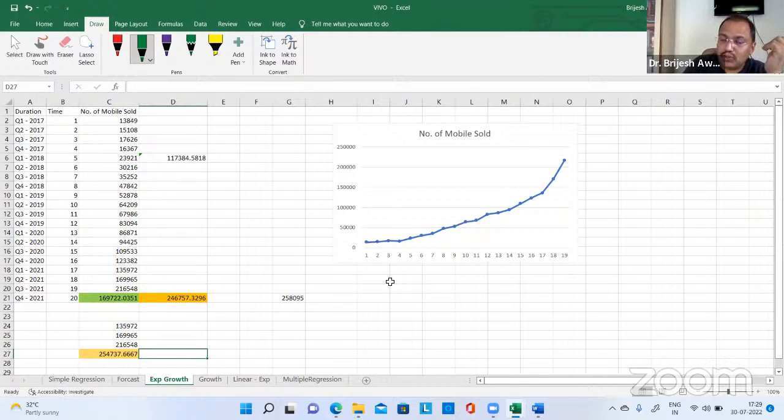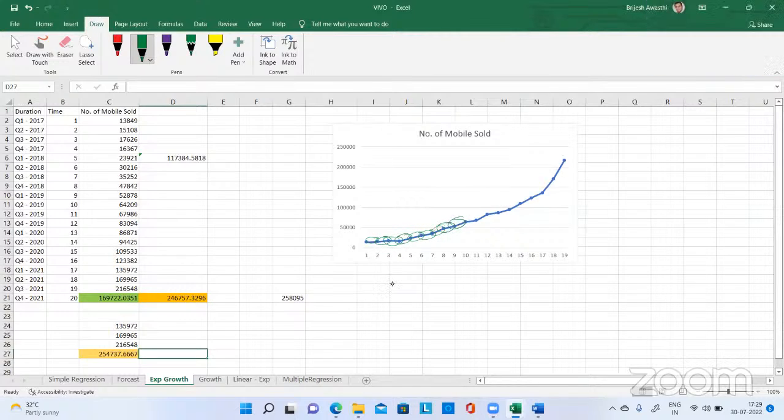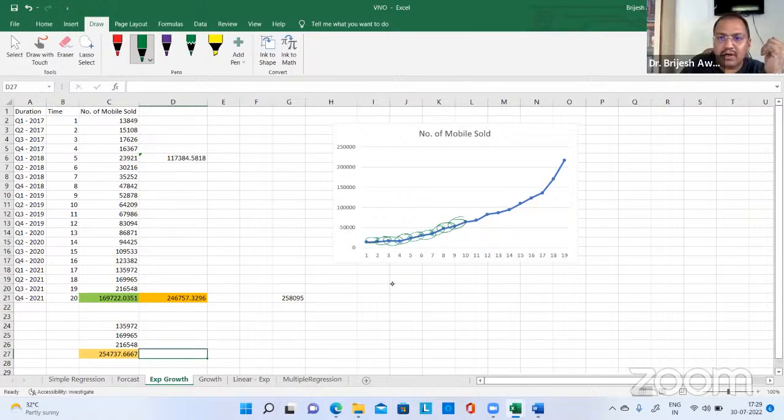Actually, Excel calculates the growth rate in every bracket, each and every interval. It makes the average of every growth, then it calculates. That is why it gives this much growth. If I take the last 4 years of data, your result will be different.